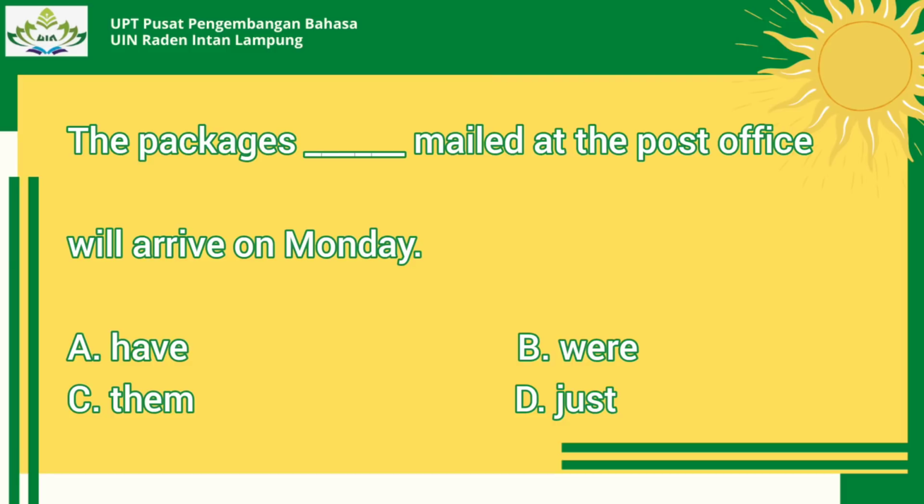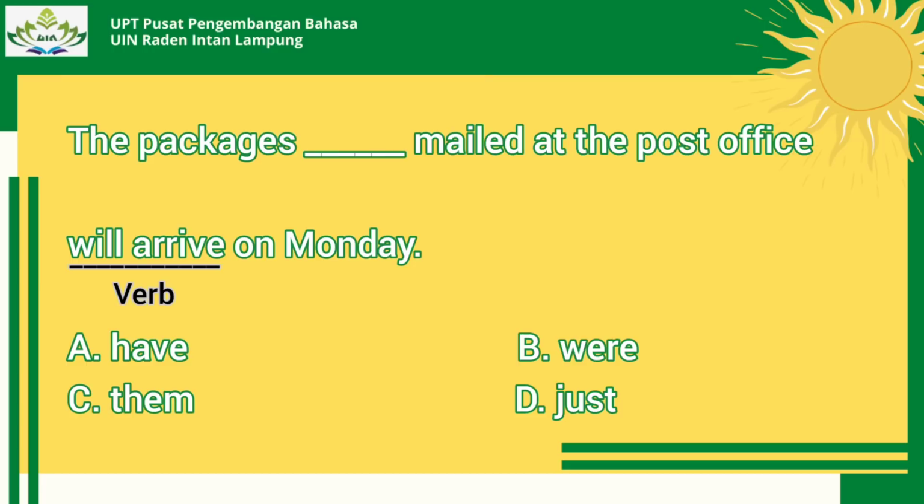In this example, if you look only at the first few words of the sentence, it appears that the packages is the subject and mailed is either a complete verb or a past participle that needs a helping verb. But if you look further in the sentence, you will see that the verb is will arrive.